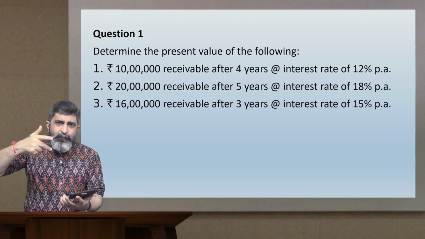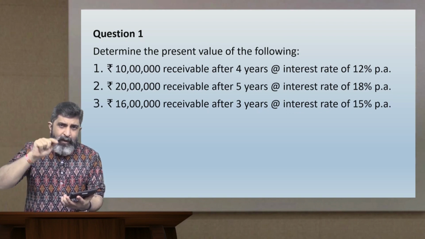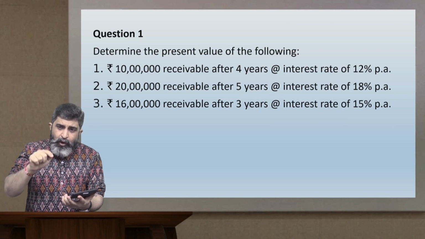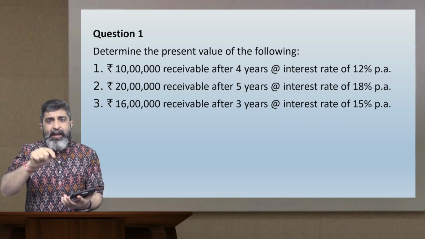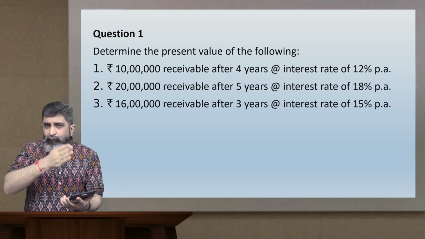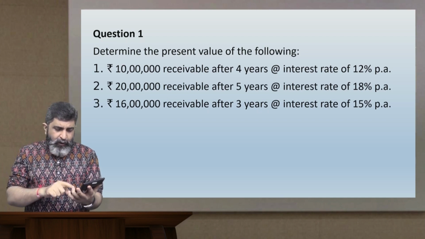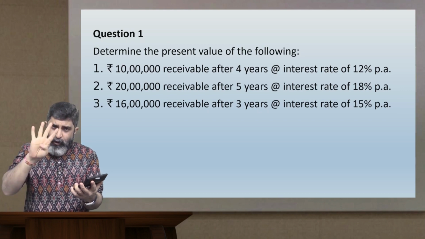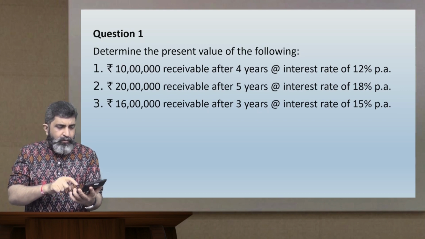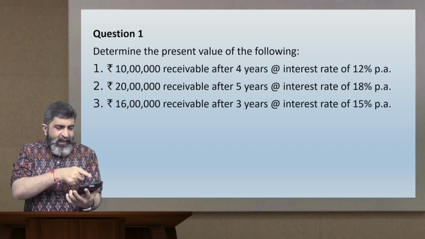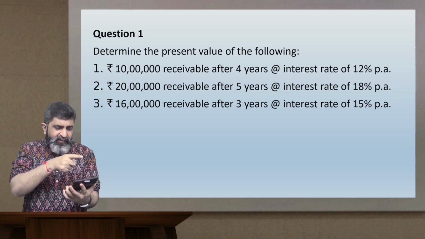Inverse of that will be 1 upon 1.12, but I want to apply the power over here as 4 because it is 4 years involved. So 1 divided by 1.12 and I press equal to 4 times. 1, 2, 3, 4.